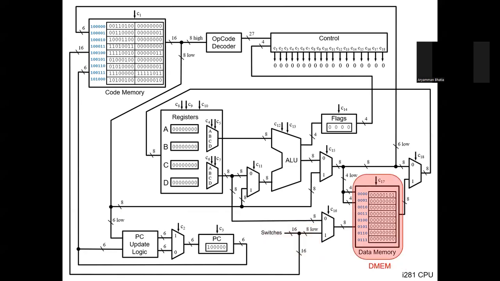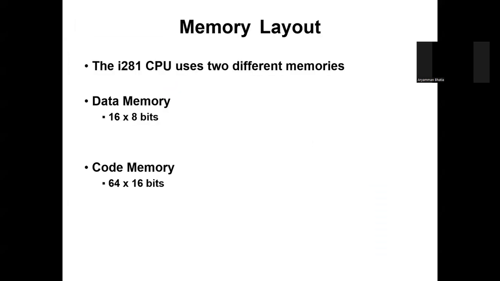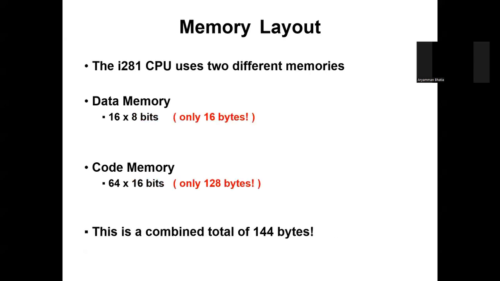Yeah, we got into the data memory. This is just some description of the different types of memory. Data memory is 16 bytes, code memory is 128 bytes divided into 64 addresses of 16 bits each.